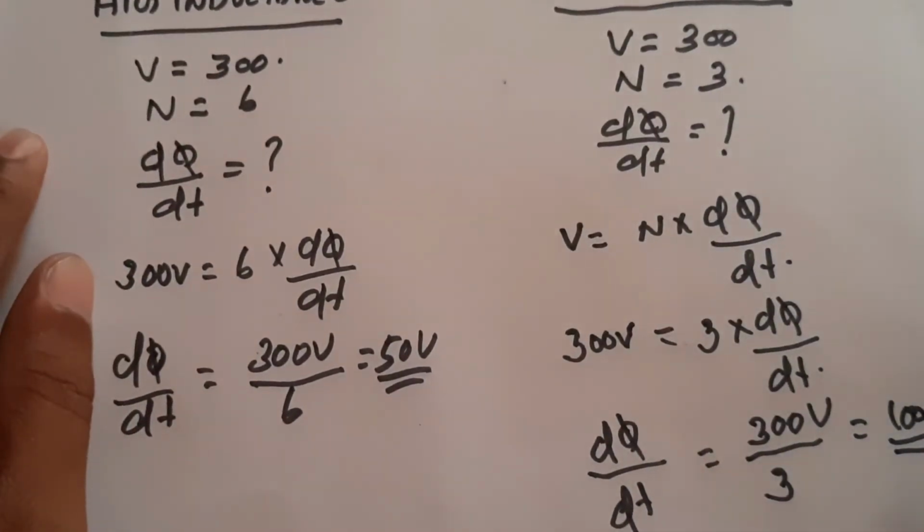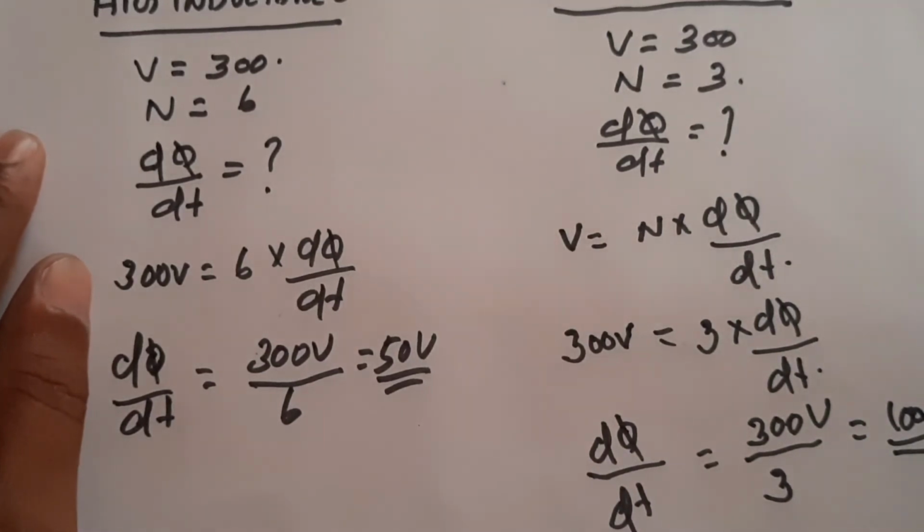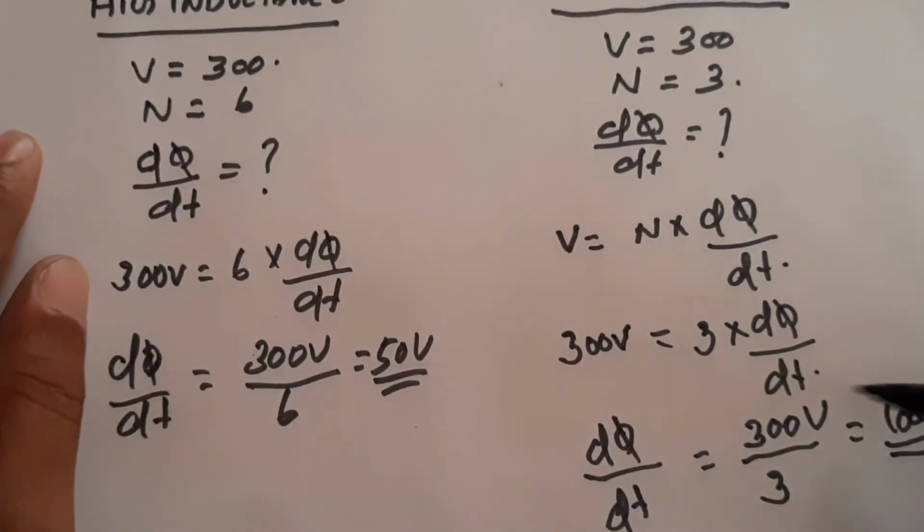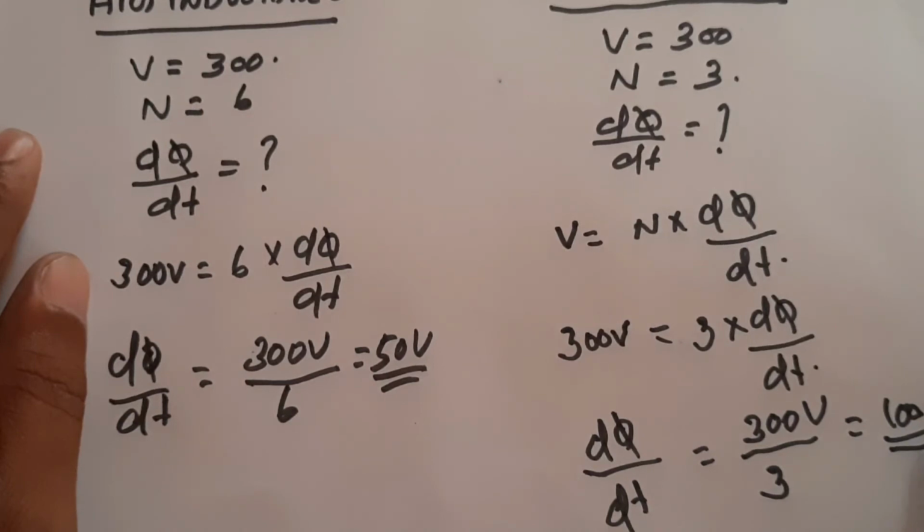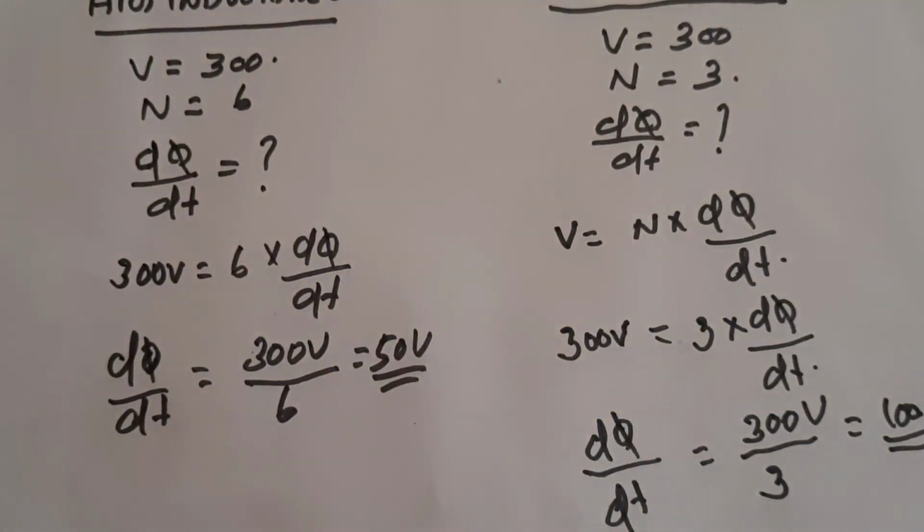Here there are only three turns, so more voltage has to be developed by each turn, and 3 into 100 is 300. That is why dφ by dt is different in the low inductance case and the high inductance case.